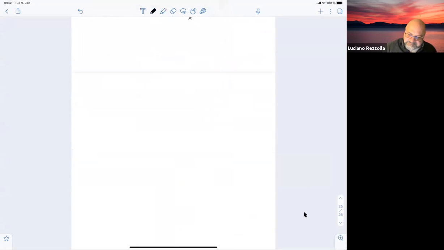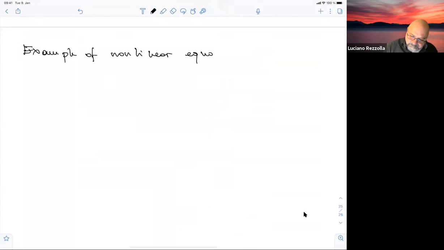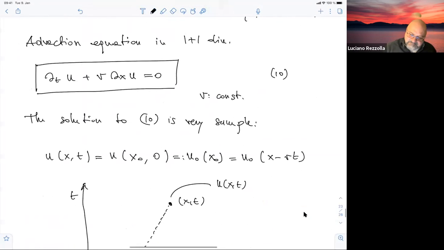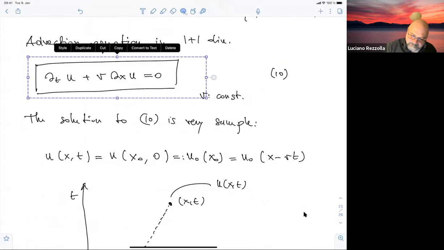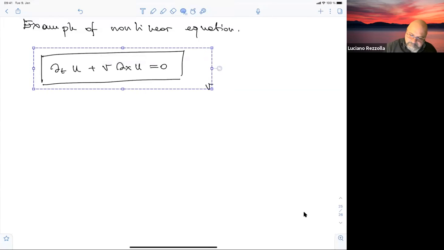Let's consider now the simplest case of a nonlinear equation. I start from this equation here, and the only thing I change is here.